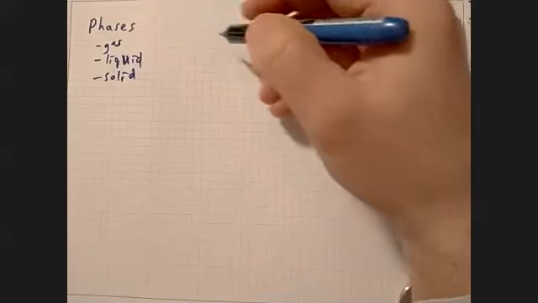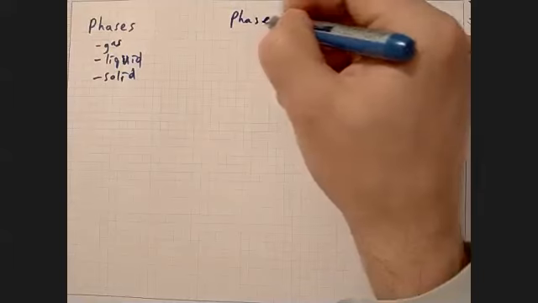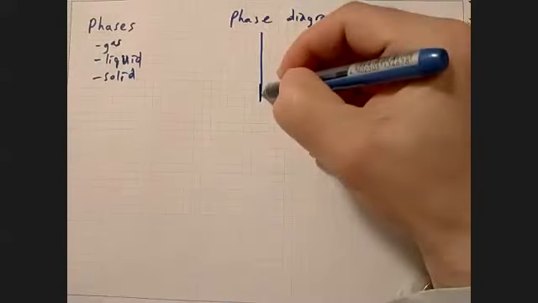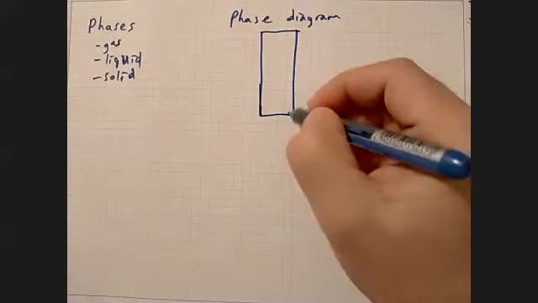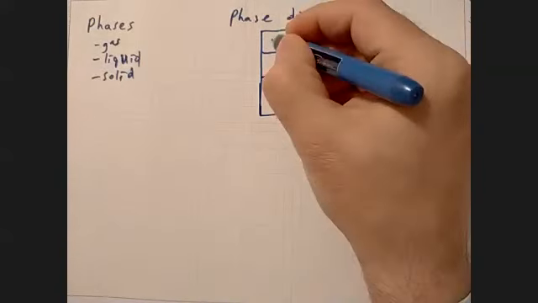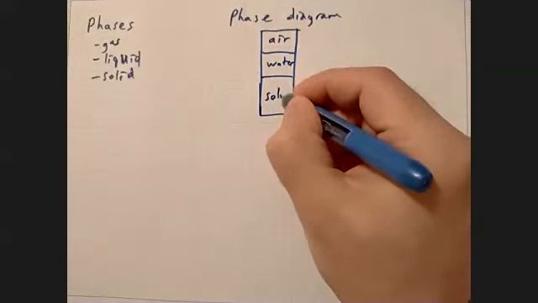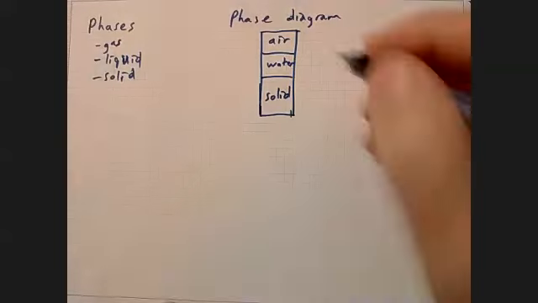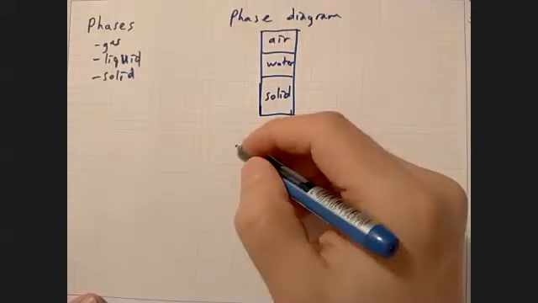So usually what we do is we put these into a phase diagram. That is something that looks like this. And then you can write masses.